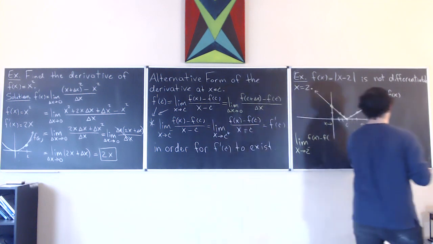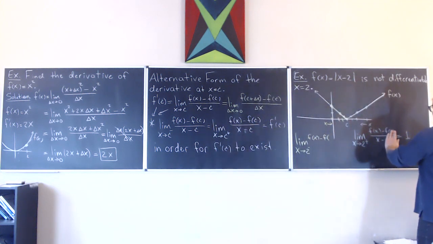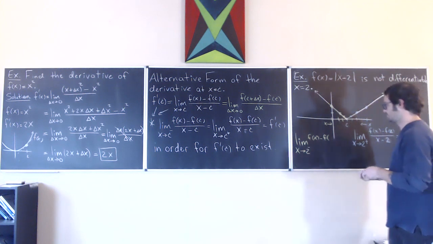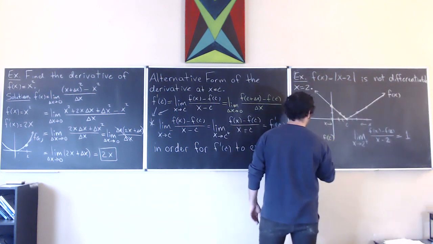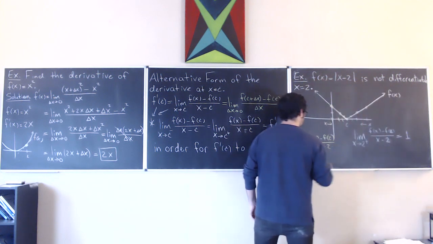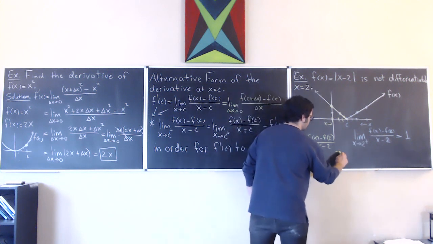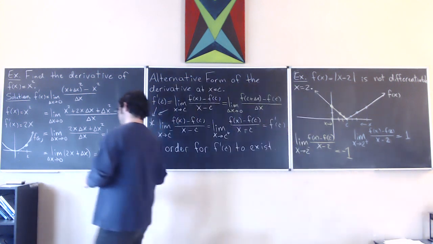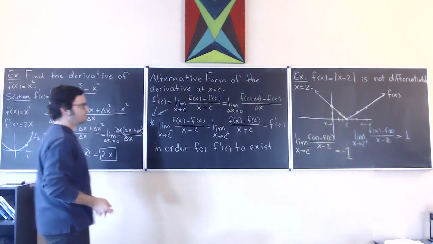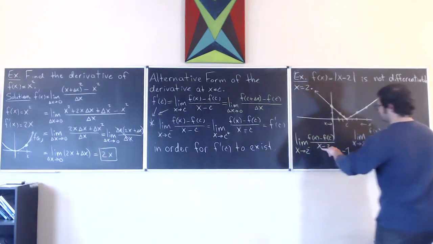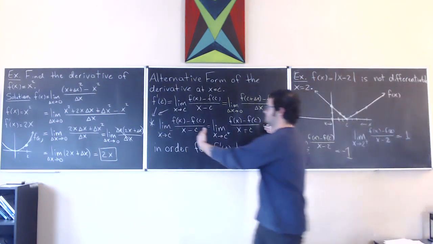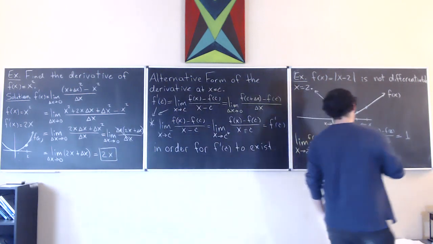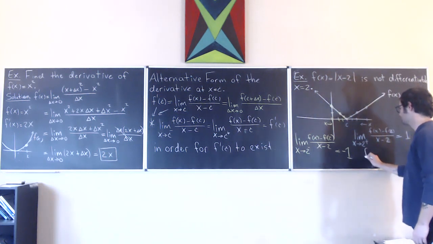I should say 2. This is going to equal -1. So the left and right-hand side limits don't match up. So this limit's not going to exist. So you conclude that f prime at 2 doesn't exist.